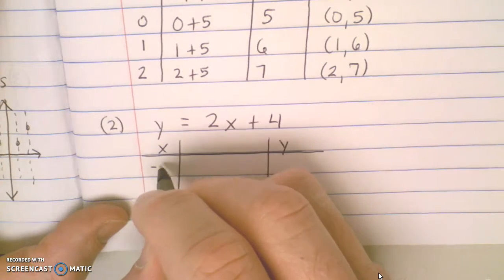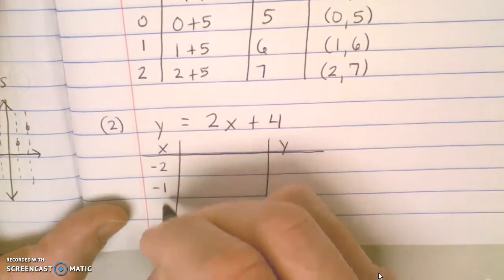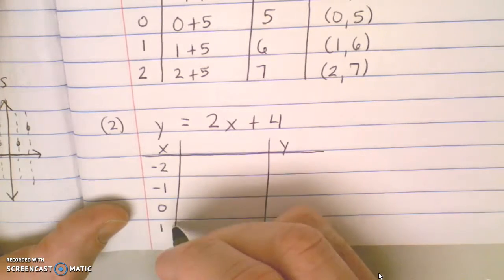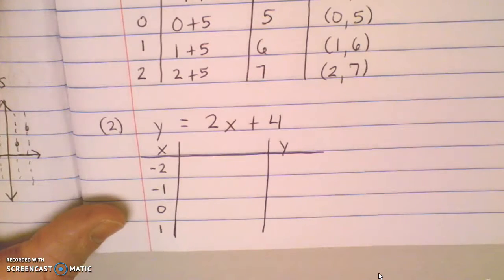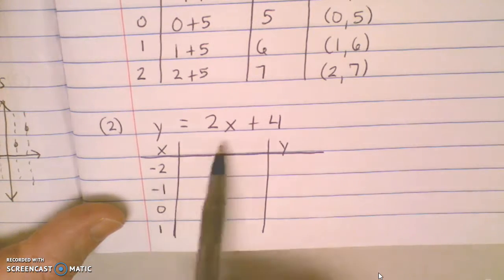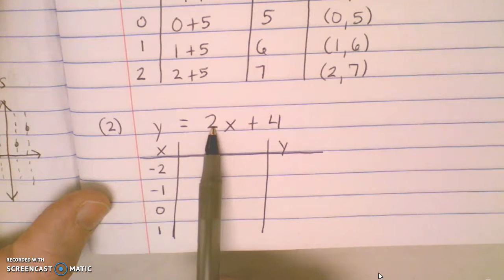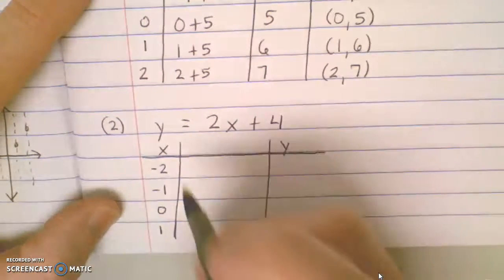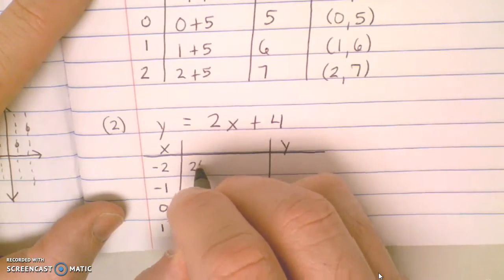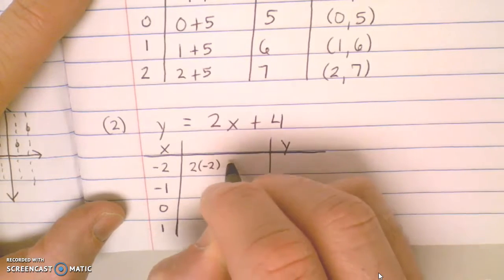And we'll pick -2, -1, 0, and 1. So I'm going to take this x value and plug it in for x. Now what's different this time is that there's a number in front of the x. Remember, you have to multiply that number by the x value. So when you plug it in, you do 2 times -2 plus 4.